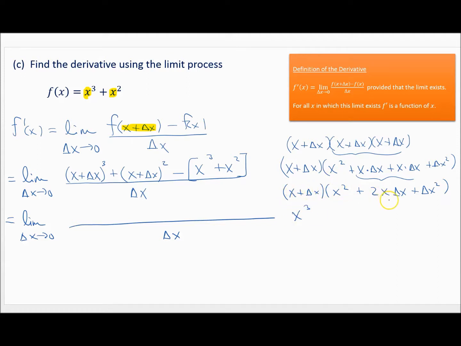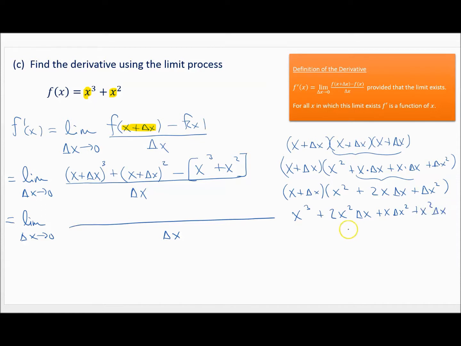X times 2x delta x, be careful there, is 2x squared delta x. And then x times delta x squared is just that, x delta x squared. Now I'm multiplying delta x times everything. So delta x times x squared is x squared delta x.